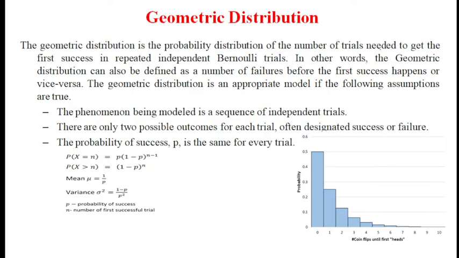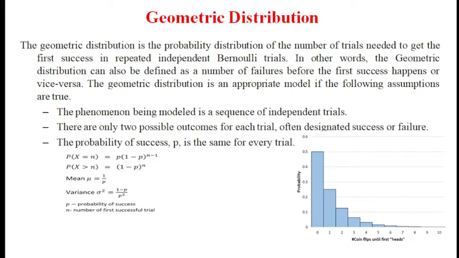What is the next one? Geometric distribution. Under geometric distribution, the number of trials needed to get the first success in repeated independent Bernoulli trials. In other words, the geometric distribution can also be defined as the number of failures before the first success happened, or vice versa.